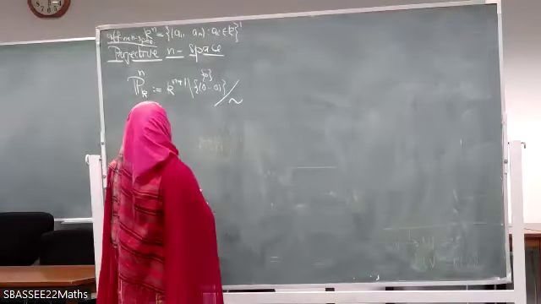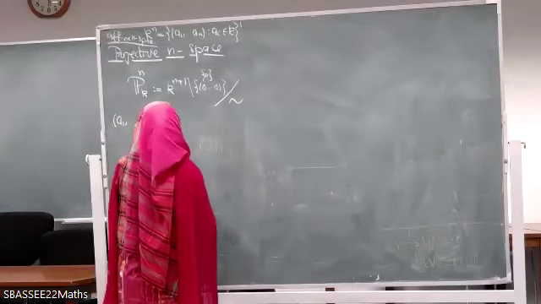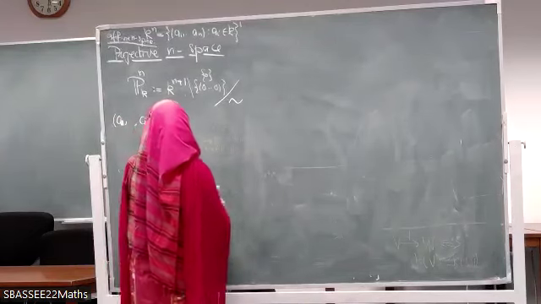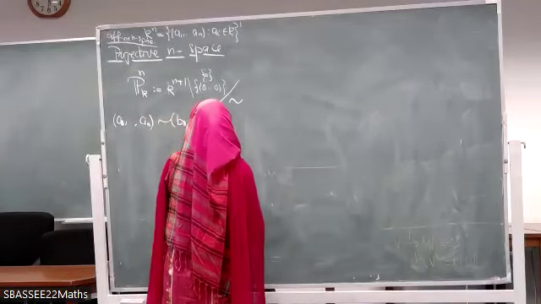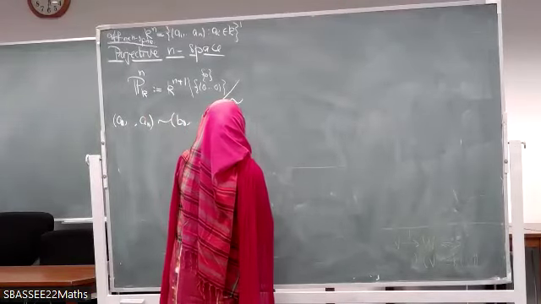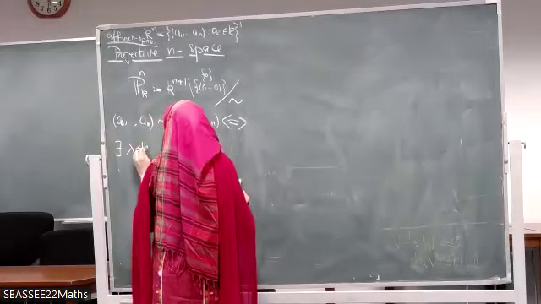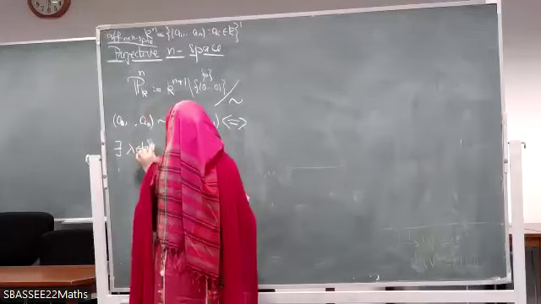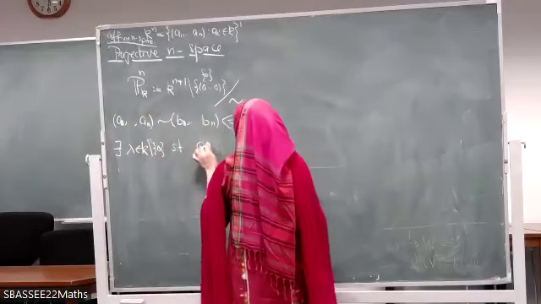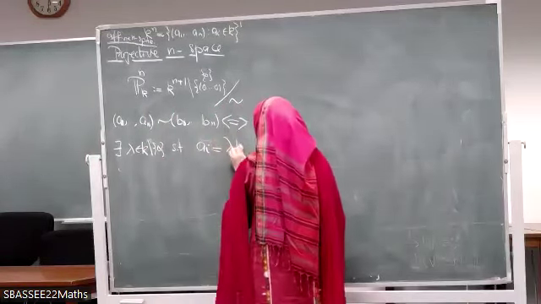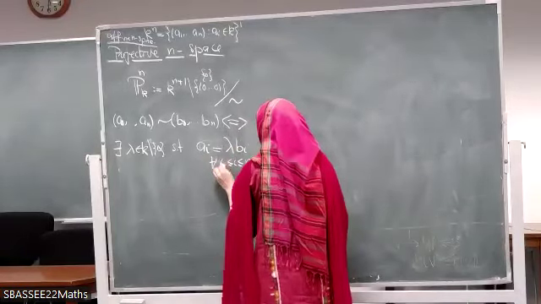And the equivalence relation is this: two elements are equivalent if and only if there is some lambda, which is of course a non-zero element of k, such that a_i is equal to lambda b_i for all i from 0 to n.